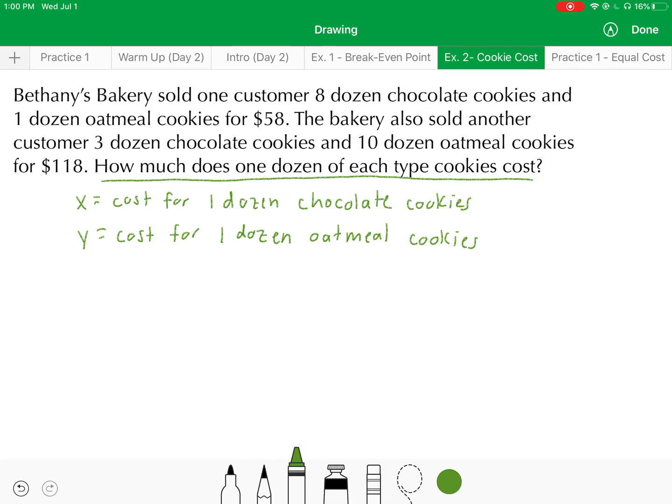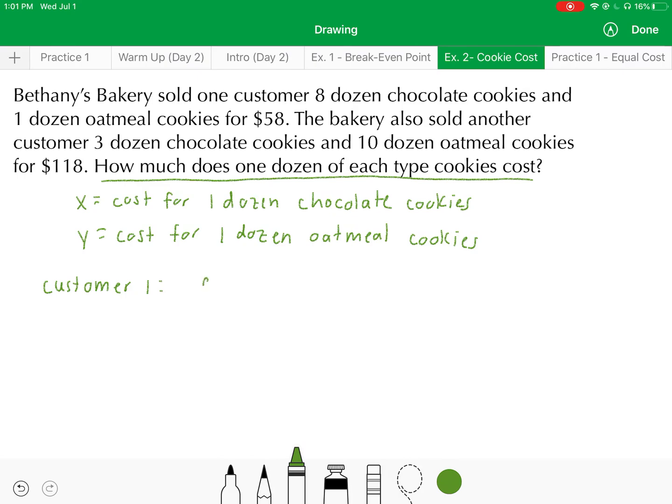Okay. Now it's time to make my system of equations. My first equation is going to represent that for customer 1. All right. We sold customer 1 8 dozen chocolate cookies and then 1 dozen oatmeal cookies for a total of $58.